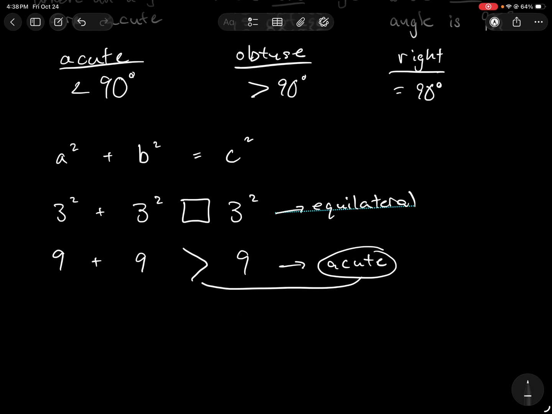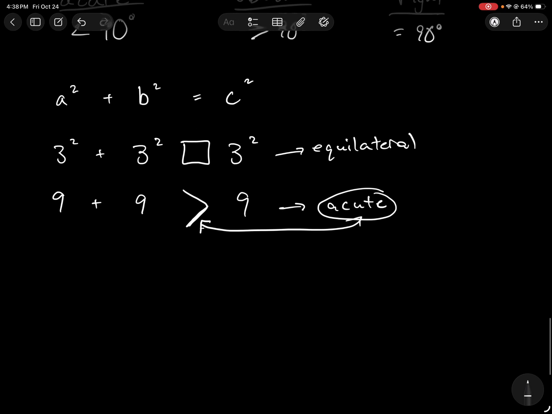So essentially, if sides A and B squared and added up together are greater than my third side squared, then I have an acute triangle. And then the other way around, if I have two sides like 3, 3, and 5 squared, and they happen to be less than my third side, then this would end up giving me an obtuse triangle.